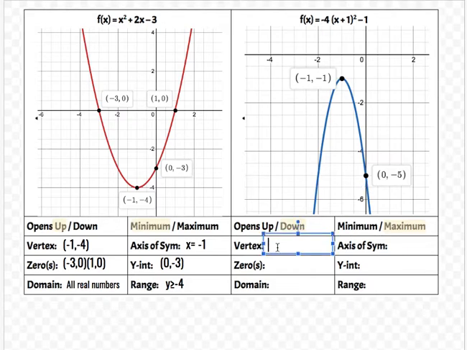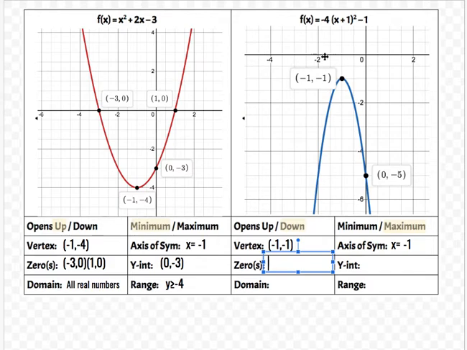So when we're looking at our vertex, the middle of the parabola is at -1, -1. Your axis of symmetry is the x of your vertex, so x is equal to -1. Does this one have any x-intercepts?